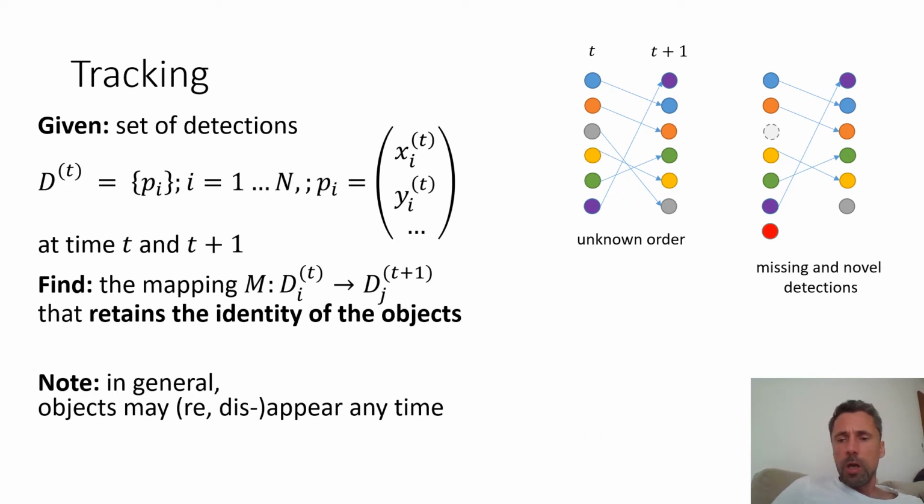Okay, and so in this lecture we won't be going much into detail about tracking. I'll share with you a link to a paper that we published in which we use machine learning to learn those correspondences.